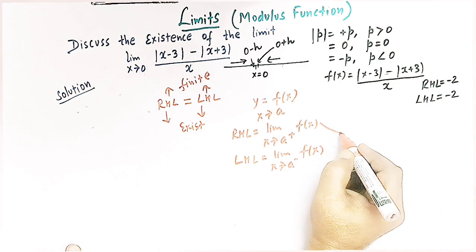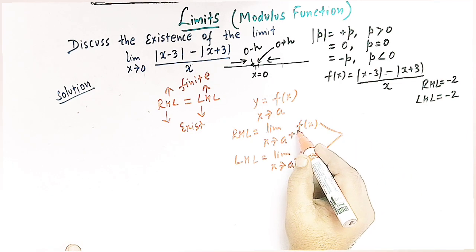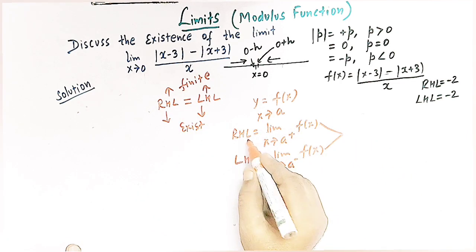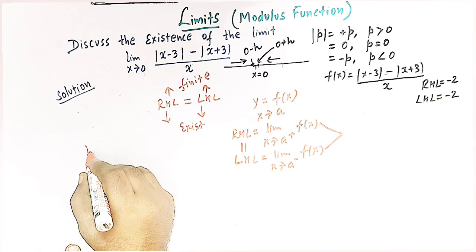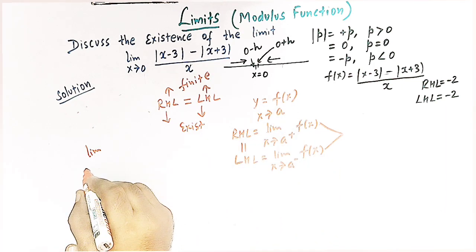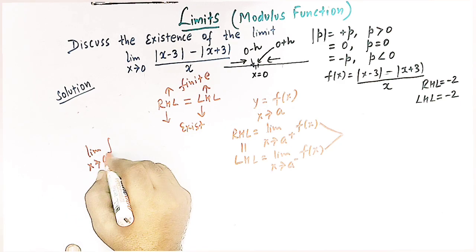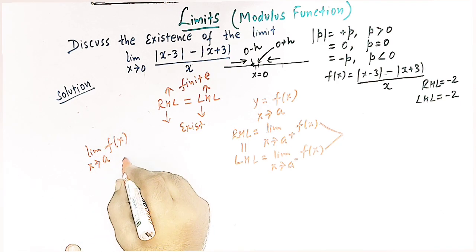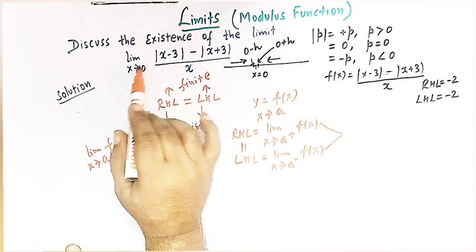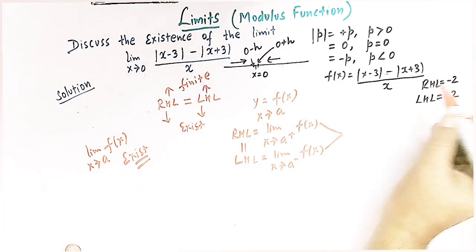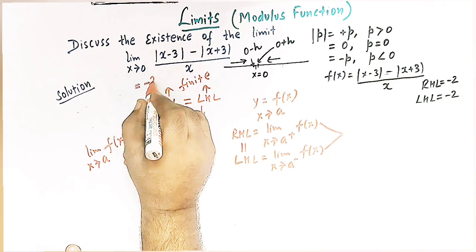And if these two limits exist and they are finite and equal to each other, then we can claim that the limit of this function when x approaches a exists, right? And the value of this limit is equal to minus 2.